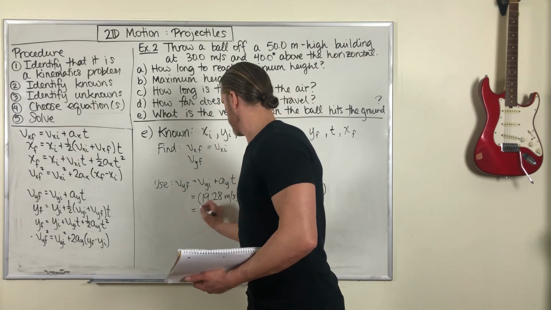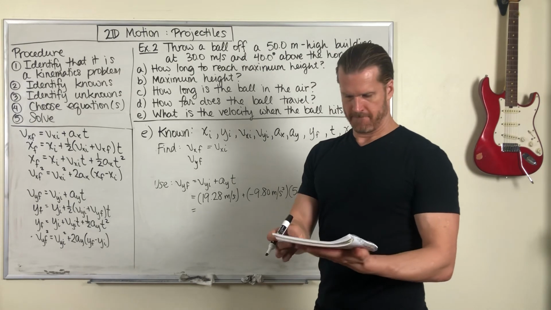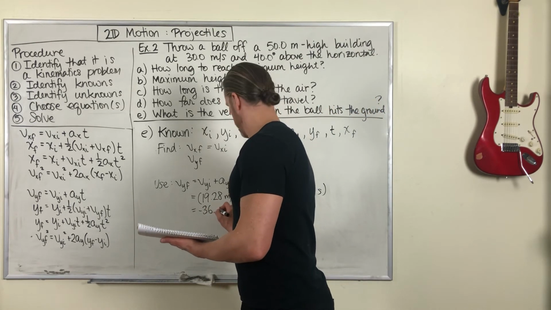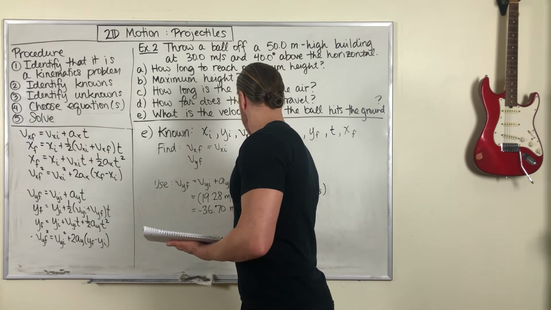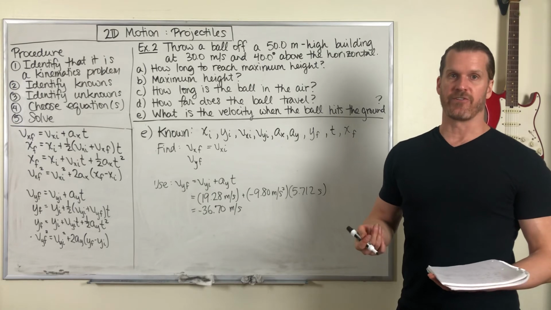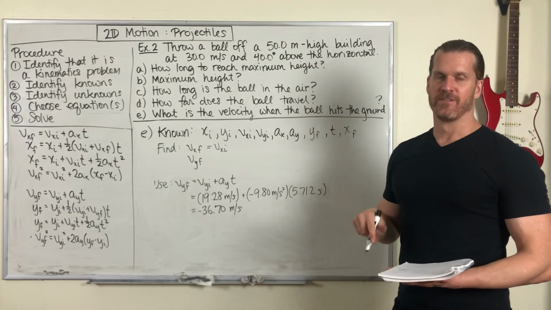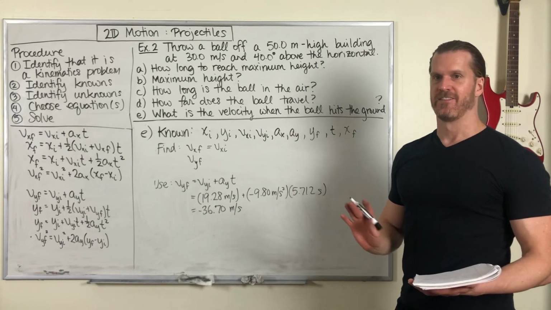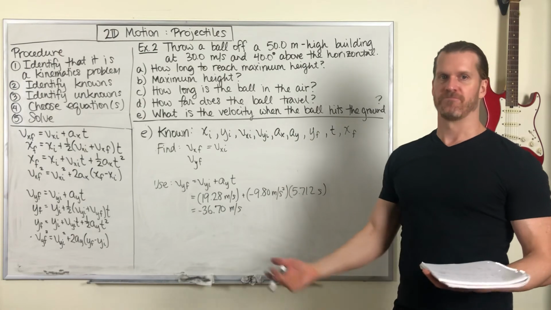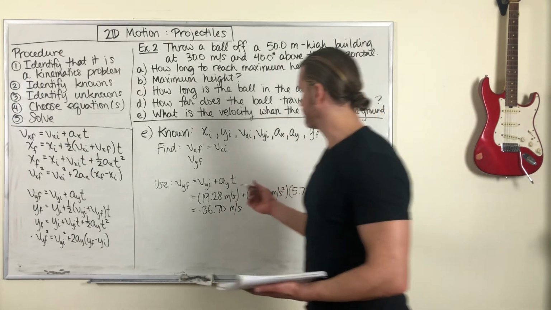So Vy final is negative 36.7 meters per second. Again, that negative sign is telling you it's pointing downward, which makes sense because the ball went up but reached the peak and then falls downward. So that's why we've got a negative sign for its velocity vector.